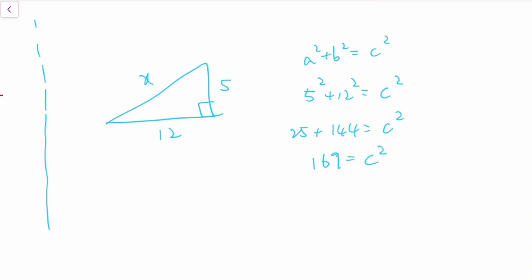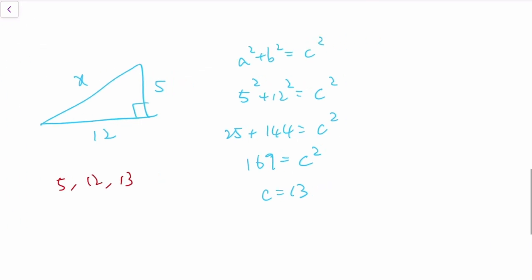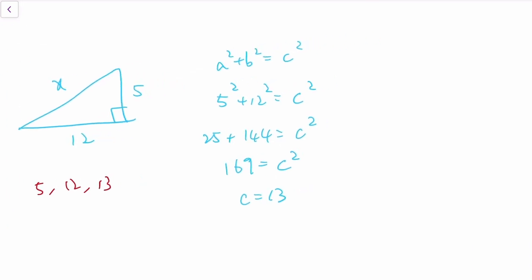And it would just so happen that 169 is 13 squared. Alright, so 5, 12, 13 would be another Pythagorean triple.